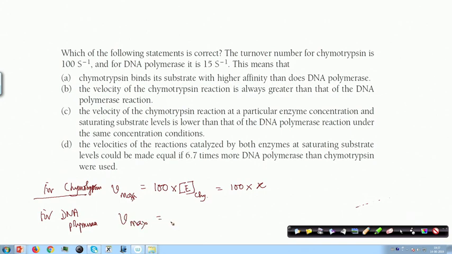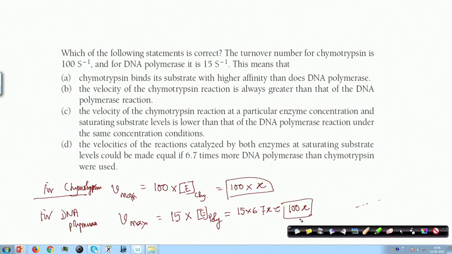It has got a turnover number of 15, this means K2, and then the enzyme concentration of polymerase. So, that will be equal to 15 into how much in relation to x? You are using 6.7 x, and if you calculate, that will be approximately equal to 100 x. So, this is also 100 x and that is also 100 x.